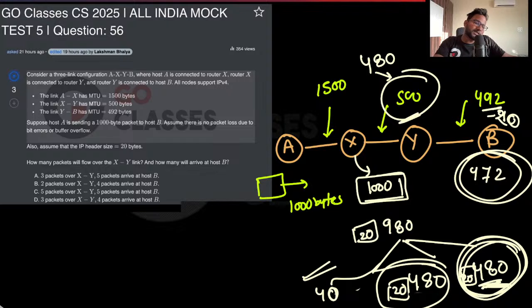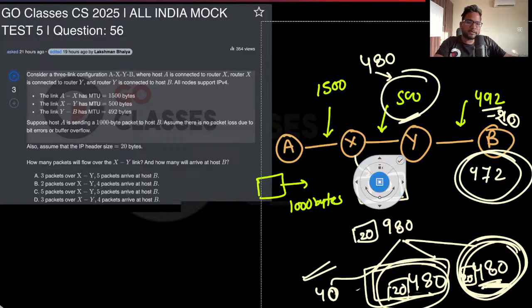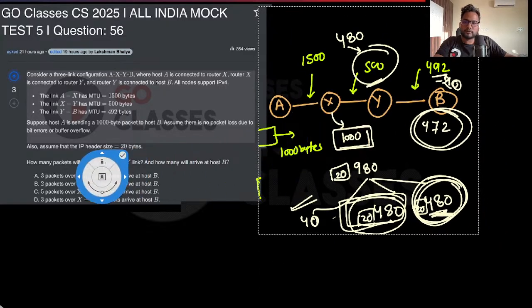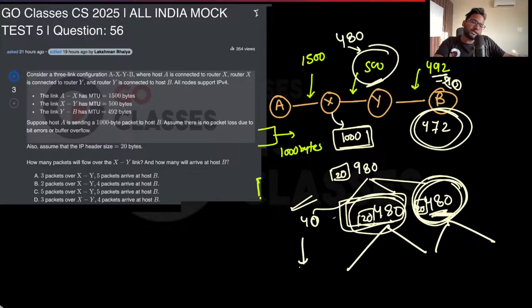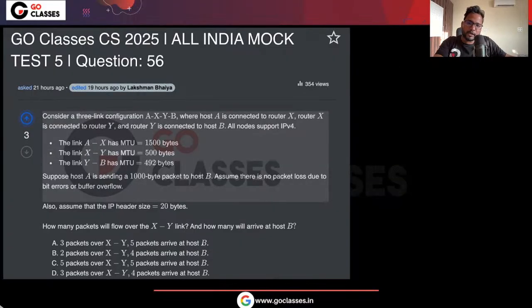So this individual packet will be broken into 2. This will also be broken into 2, and this 40 is as it is. There will be 2 packets for this, and 2 packets for this. So 5 packets will be received at B, and 3 packets over XY. Is this okay to everyone?